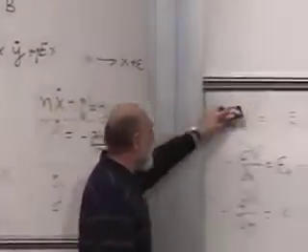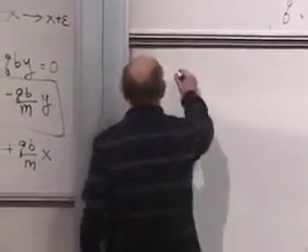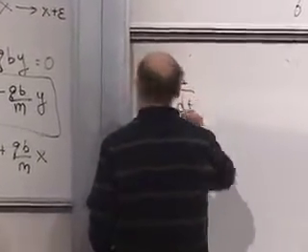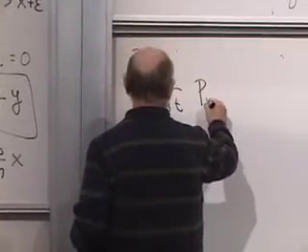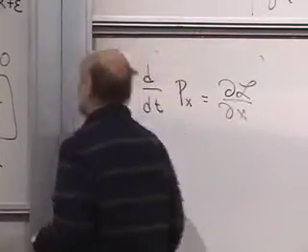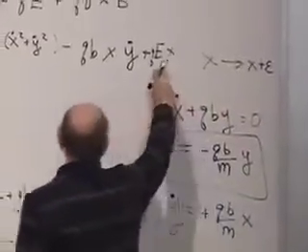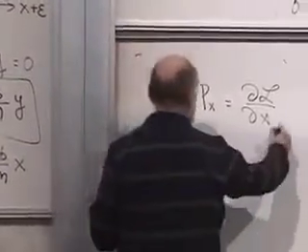Why? That's Lagrange's equations. Lagrange's equations: d by dt of partial of L with respect to x dot, but that's just p sub x, is equal to dL by dx. And now we do have an x dependence. We just have QE.